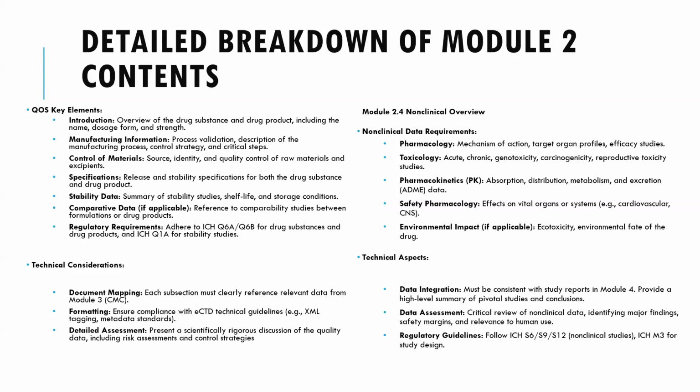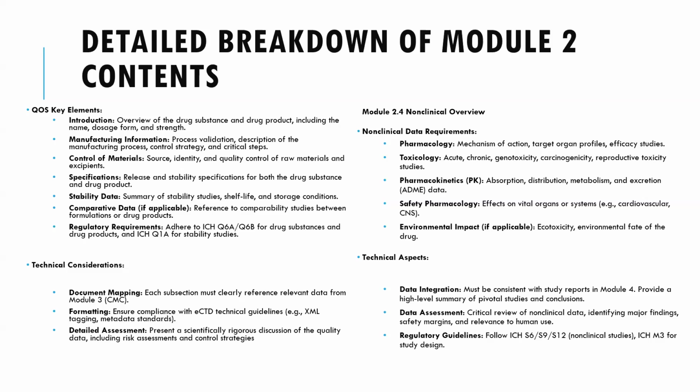This data is presented in module 4, non-clinical data, and all the summaries of those data or the study reports are submitted in 2.4, non-clinical overview. Along with the technical aspect of non-clinical overview is data integration, data assessment, and regulatory guidelines. So it must be consistent with the study reports in module 4 and provide a high-level summary of pivotal studies and conclusions.